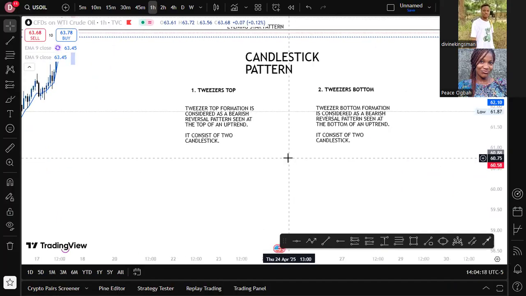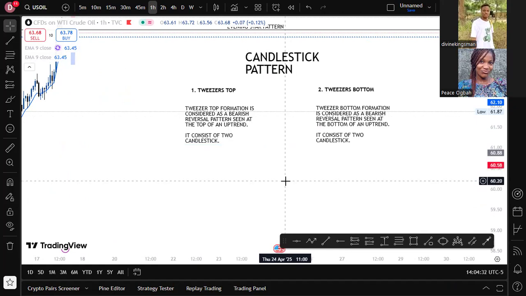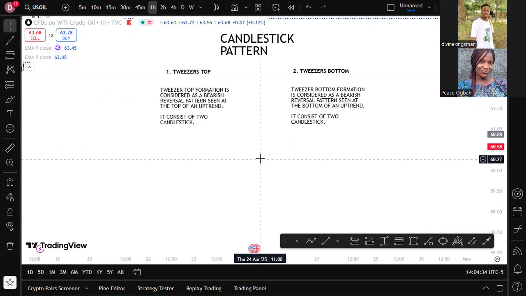So now, what is the tweezer top? Tweezer top formation is considered a bearish reversal pattern seen at the top of an uptrend, and it consists of two candlesticks. It signifies that a reversal might happen.